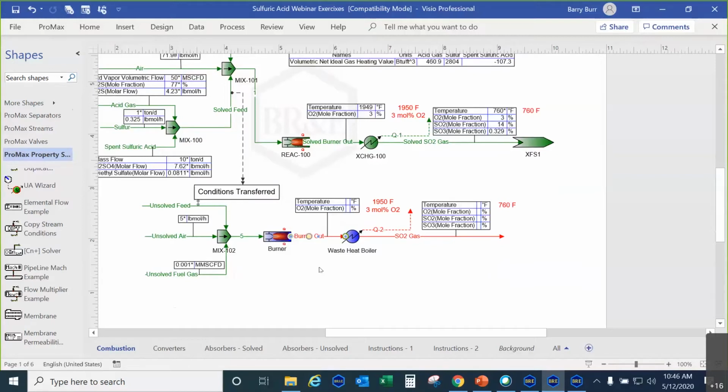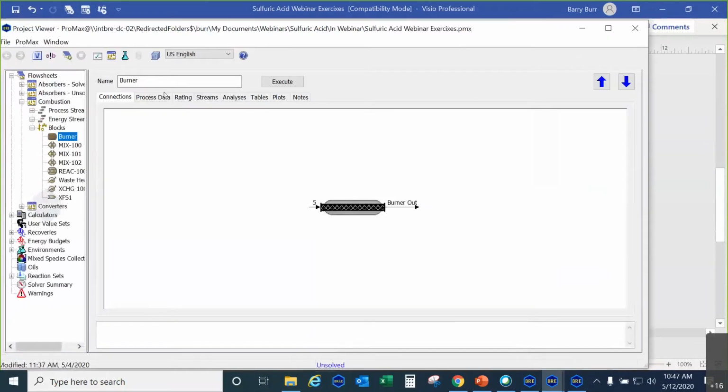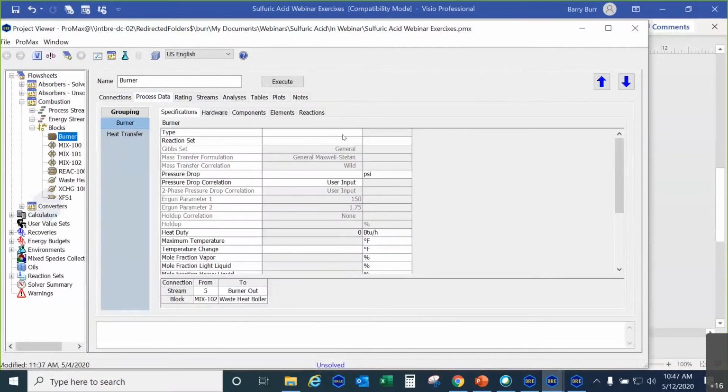So in the burner block, we're going to open this, and what we need to do with the burner is set the type of reaction to Gibbs minimization.